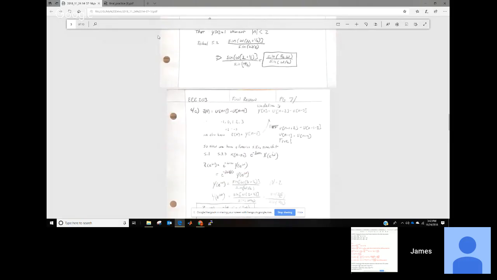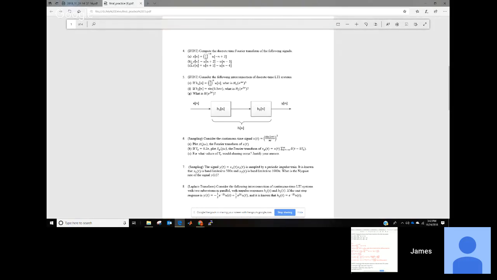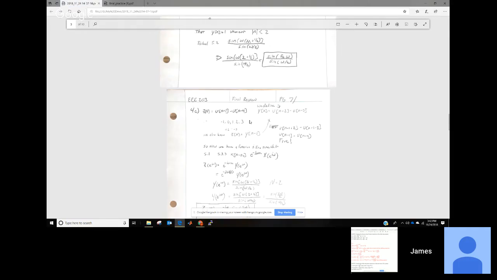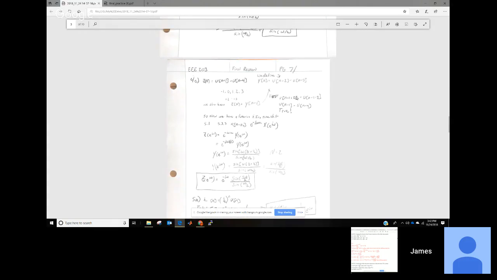For z of n, or for C, the last one, we're given the same function, just shifted. On this one, I actually did do that. We recognize that z of n is y of n minus 1, and I tested it out, plugging in the values to make sure it was true.